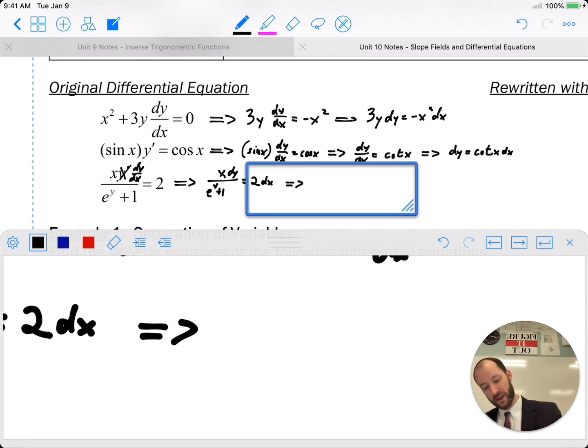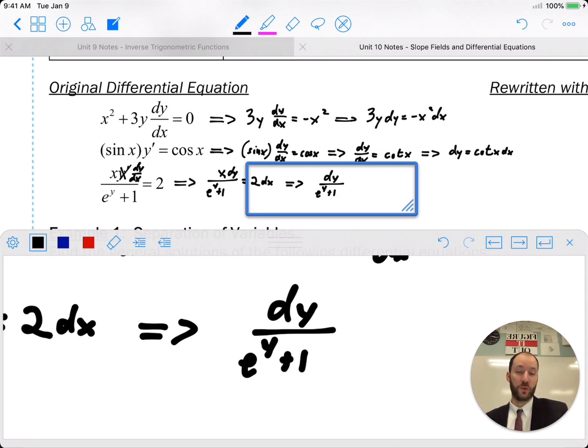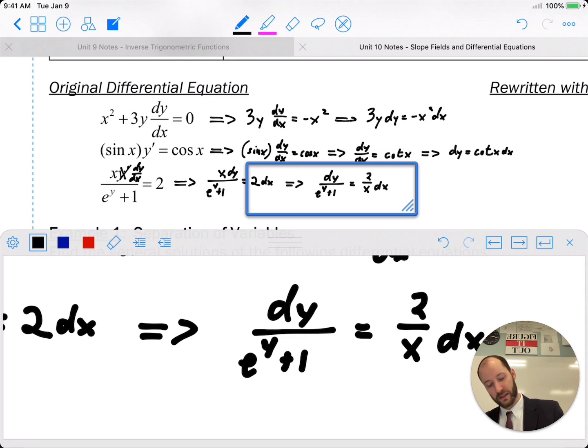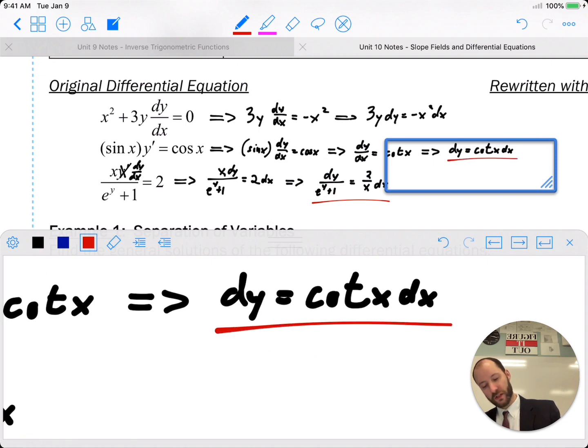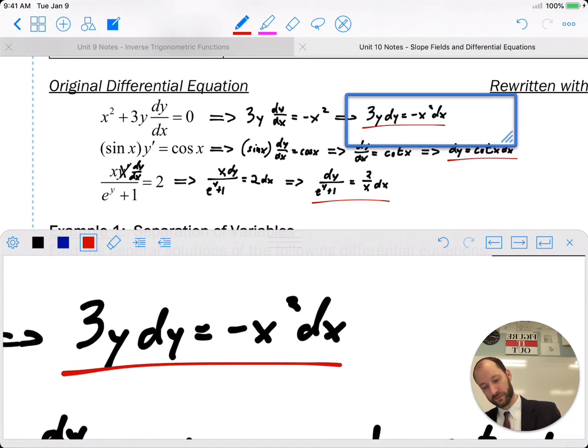On the right you'll have x with dx. So dy over e to the y plus 1. It's not pretty, but the y's are with the dy's. And 2 over x dx. So in all three cases, we have separation of variables.